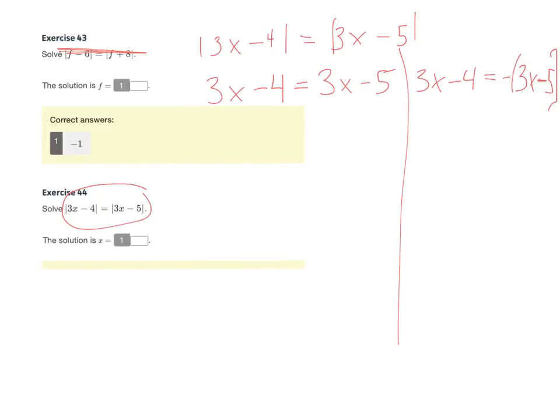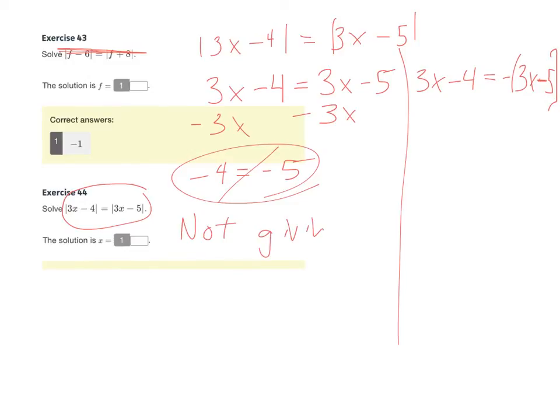All right, on the left-hand side, let's say I minus 3x from both sides. I get negative 4 is equal to negative 5. And this is not true, so this is not going to give us a solution. Not giving a solution. Over here we're going to have 3x minus 4 equals negative 3x plus 5.